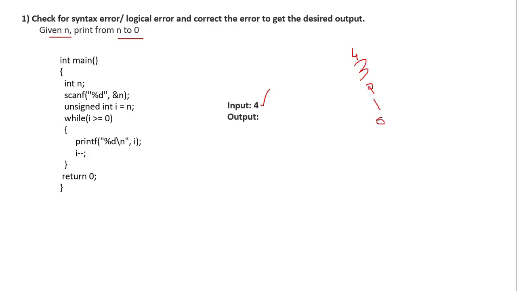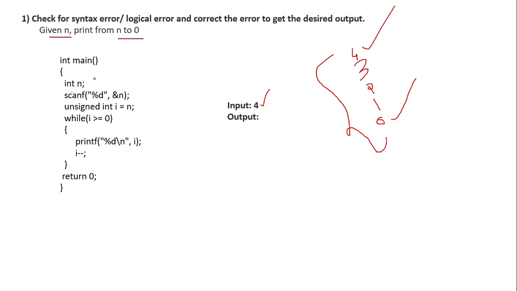So we need to print from the given n value to 0. This is the basic thing they are asking, and they are also asking to check any logical errors if present in order to get this desired output.